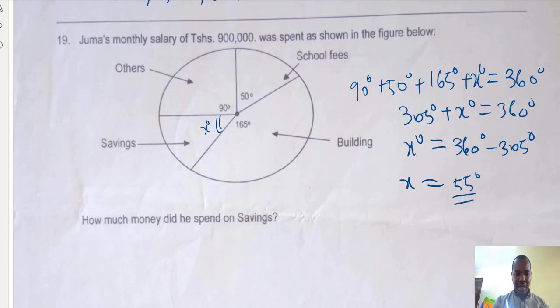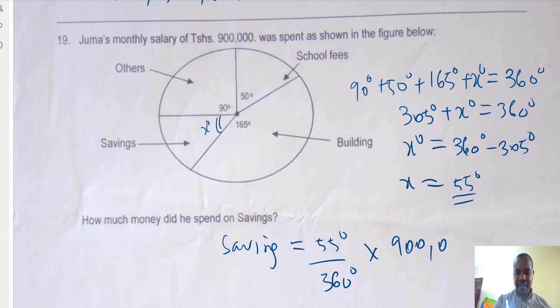So now we can say that it is 55 degrees divided by 360 degrees multiplied by 900,000 shillings. When you do that, you are going to take 900 times 55 divided by 360.